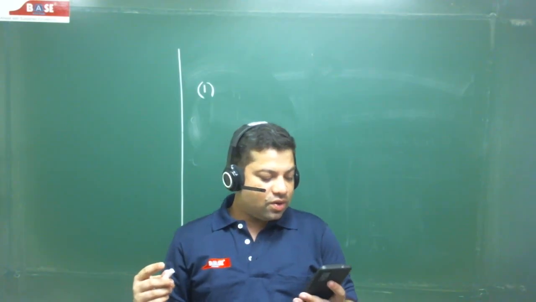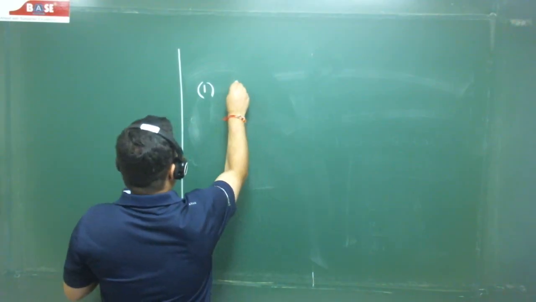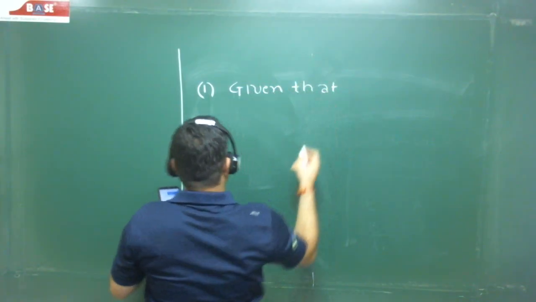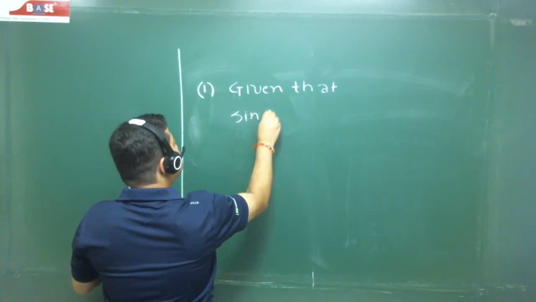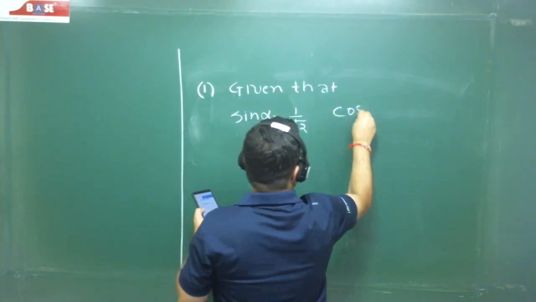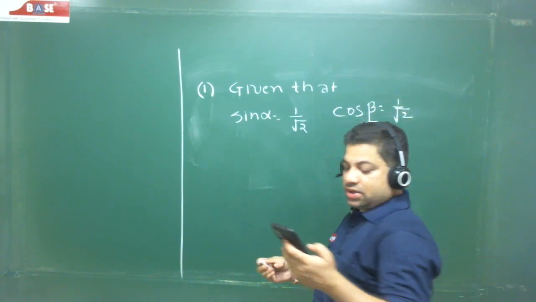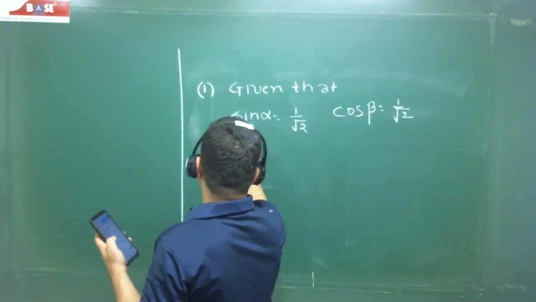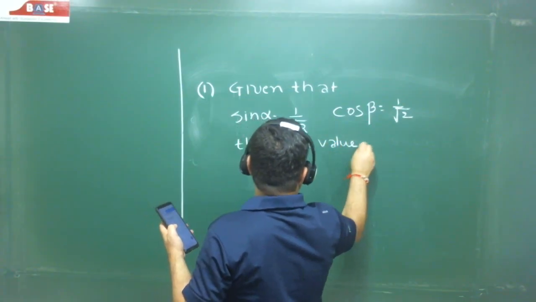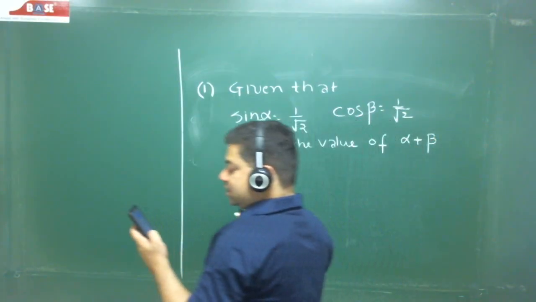I am going to show you both types. Suppose the question is: given that sin alpha is equal to 1 by root 2 and cos beta is equal to 1 by root 2, then we are supposed to find the value of alpha plus beta.